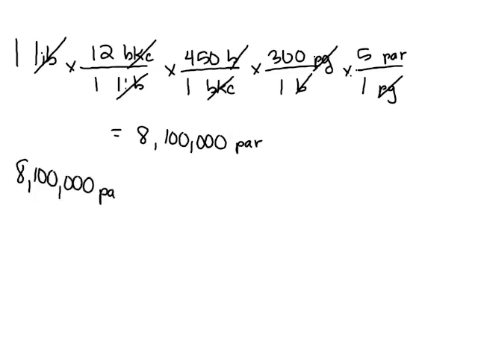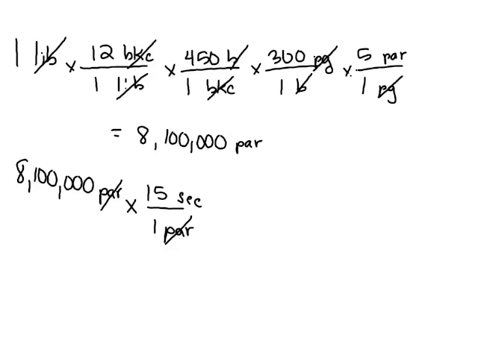8,100,000 paragraphs. Okay, so what's the speed to read a paragraph? 15 seconds. So you've got to times that by 15 seconds, one paragraph. Then I need to go seconds to hours. Wait a minute, this number should be getting smaller. No, actually, it's going to go bigger first, because you've got to figure out how many seconds it takes to read each paragraph, and then you can start shrinking it.